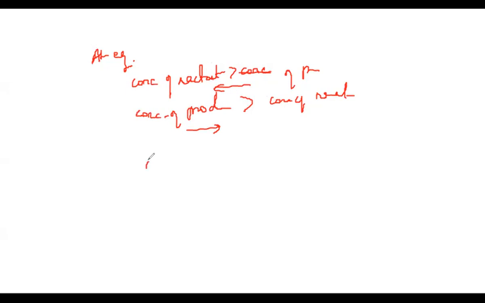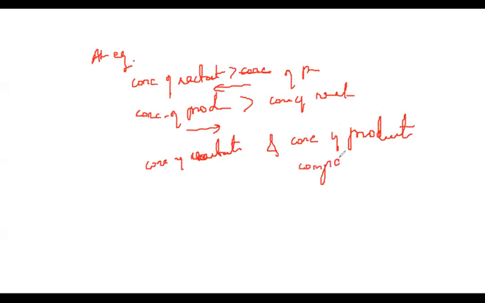Sometimes the concentrations of reactants and products are comparable, neither very more nor very less. So they are comparable. All these terms we will come across in detail when we study the concepts of chemical equilibrium.